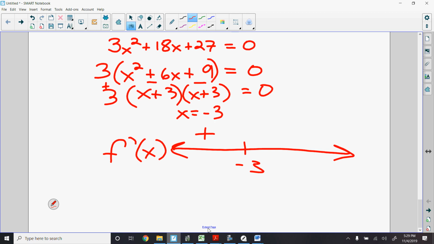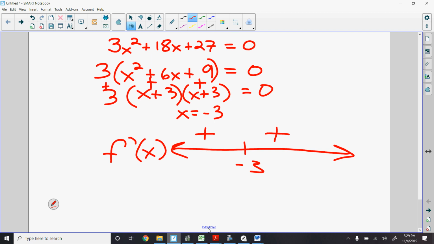Okay, I'm going to choose a number to the right of negative 3. I'll use 0. 0 plus 3 is positive. 0 plus 3 is positive, and I get positive over here. So negative 3 is a critical point because f prime of x equals 0. But what is going on here? Is x equals negative 3 a local max, a local min, or neither?